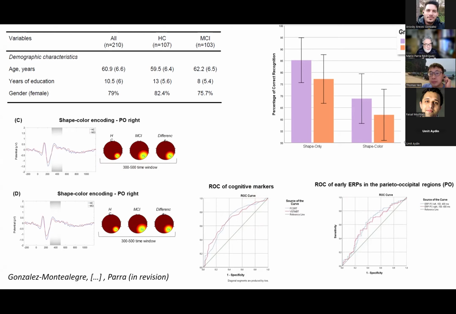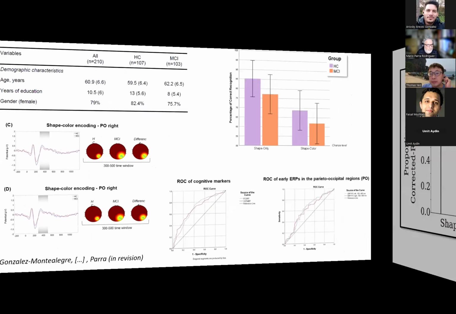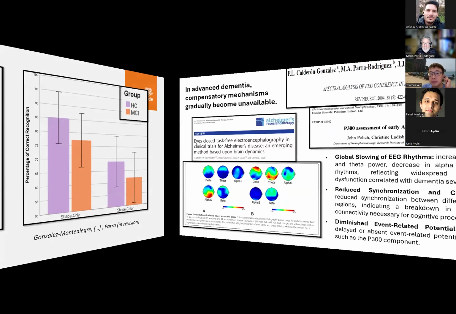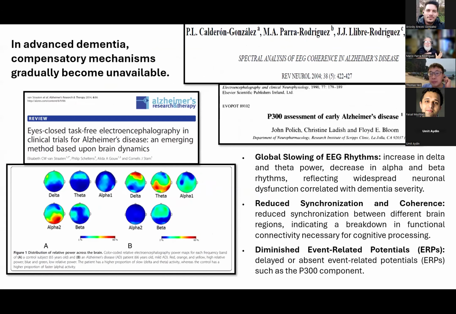However, I should note that I'm talking about over-recruitment instead of reduced recruitment of neural resources, so that's something that we need to keep an eye on. So I will skip this one. Finally, what we know is that when people get to the final stages of the disease, pretty much everything is going down the hill. We see a gradual slowing of EEG rhythms, increasing slow activity, a massive decrease in fast activity, and connectivity starting to disappear.